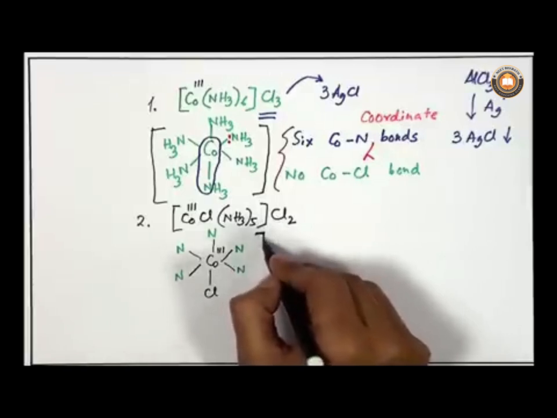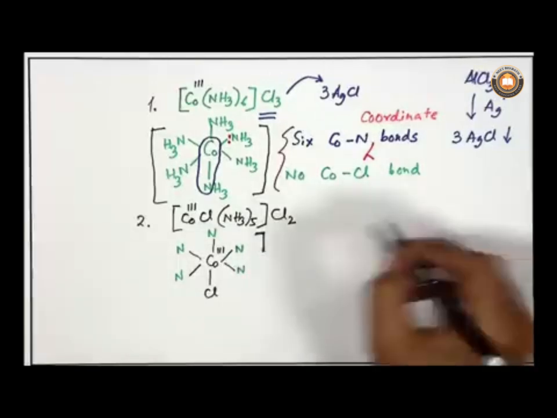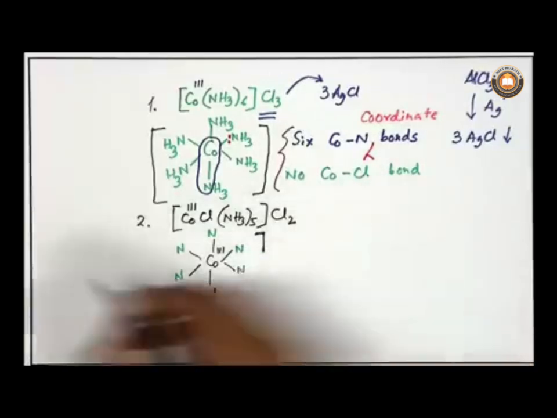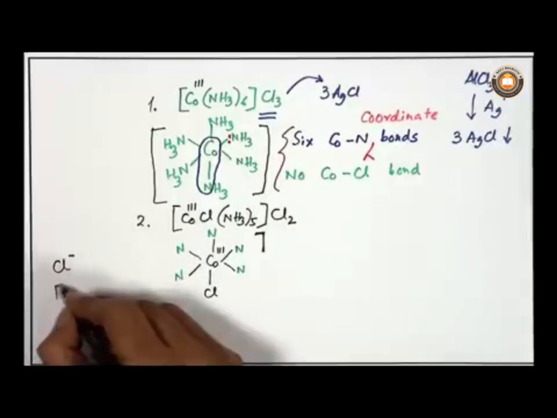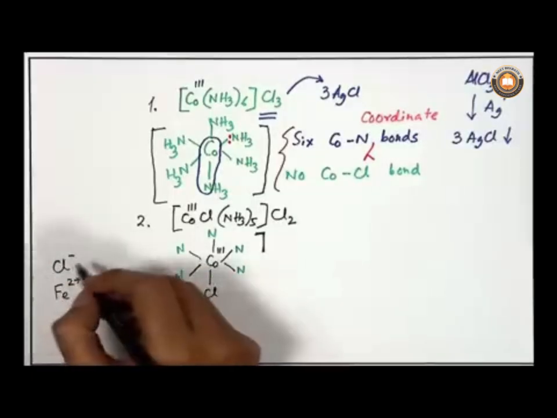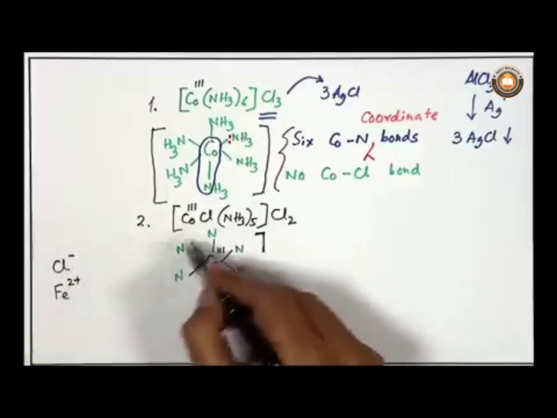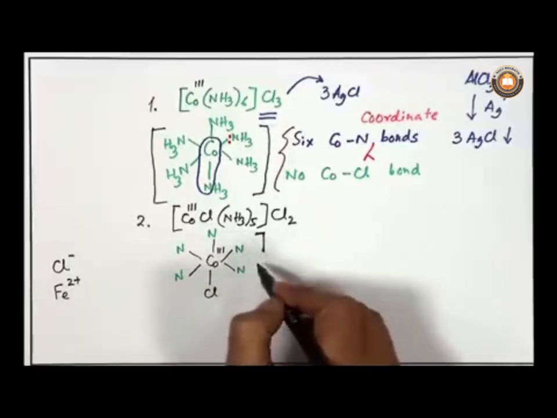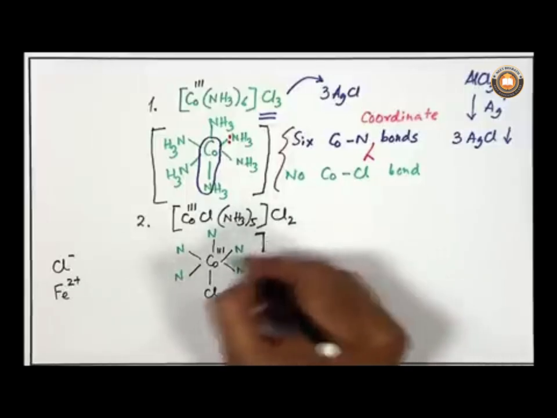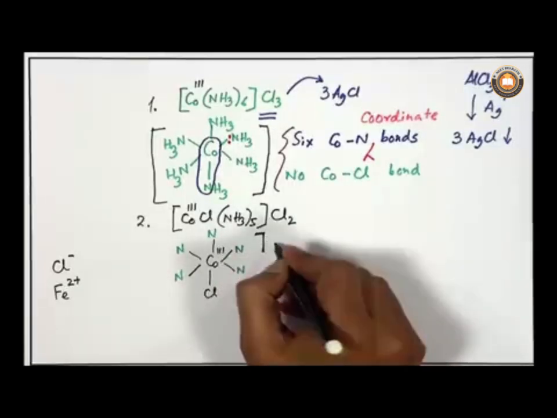Sometimes we write a small superscript to indicate the charge, the way we write chloride as Cl minus, Fe as 2 plus, because the species is very small. But when you write a huge species like this and you require some separation, we write plus 3 minus 1, so it is 2 plus.